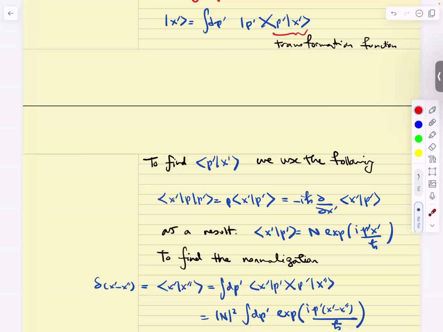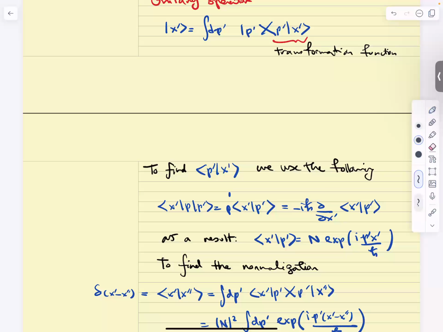So take the P operator and put it in the middle of a bracket X prime P prime. When P acts on P prime, it will give you P prime bracket X prime P prime.